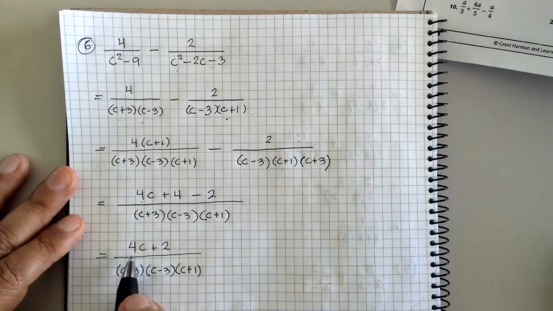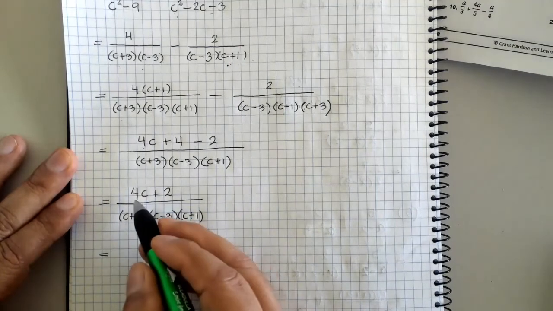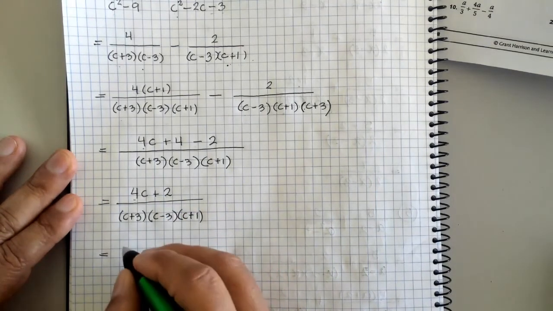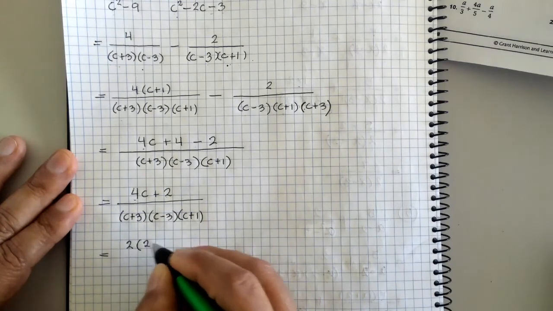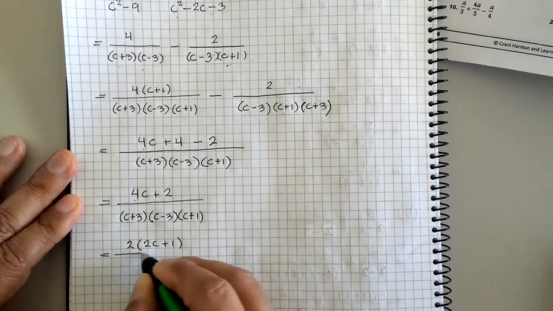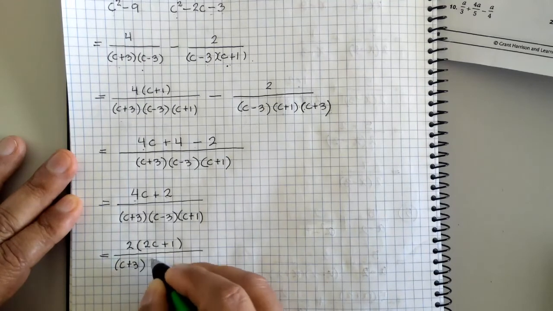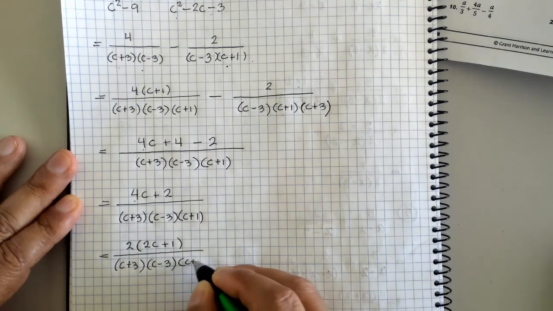And then if you really want to impress your teacher, then you should take the highest common factor between these two expressions, which is 2. Okay, so we take 2, and then we're going to have 2 times 2c plus 1, and then all over c plus 3, c minus 3, and then c plus 1.